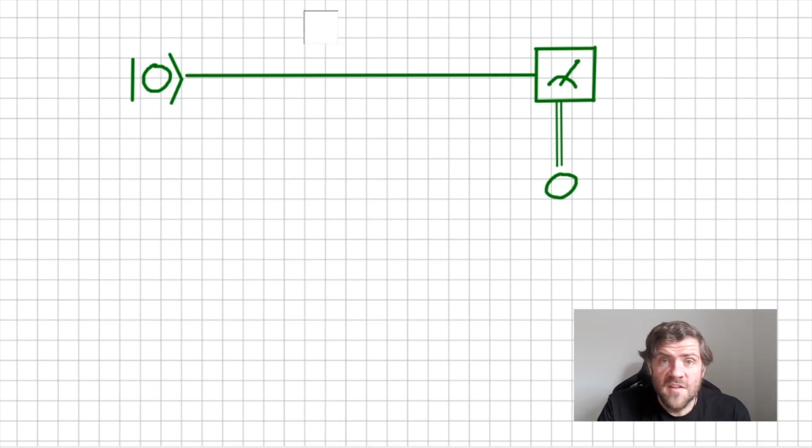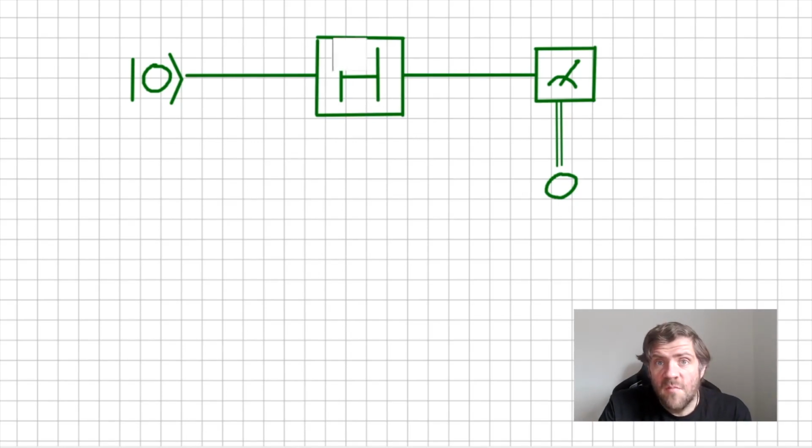For a random process, we need to do something. So let's put a little gap in the middle of the circuit there, and then we can draw a box, and that box is going to contain an operation called a Hadamard, and we denote a Hadamard with an H. With the Hadamard, the probability is 50-50 whether it's going to come out as a 0 or a 1.